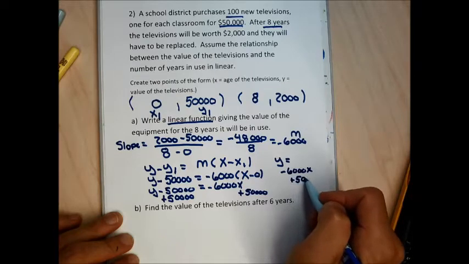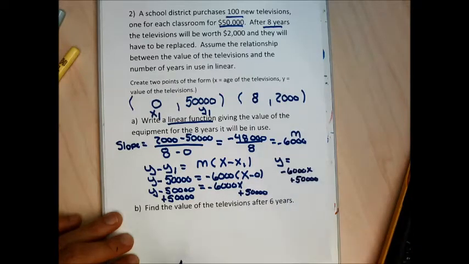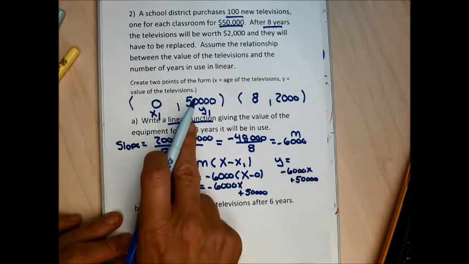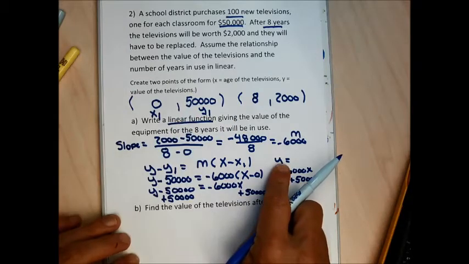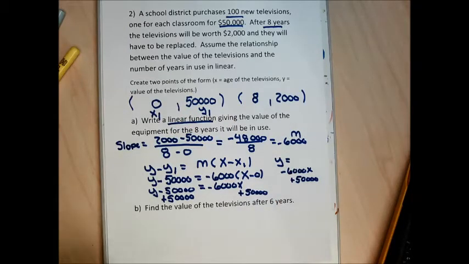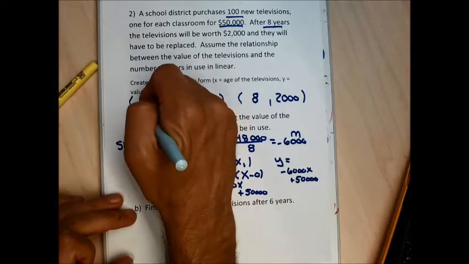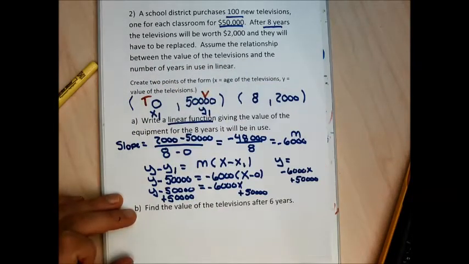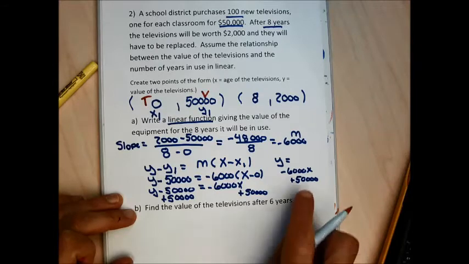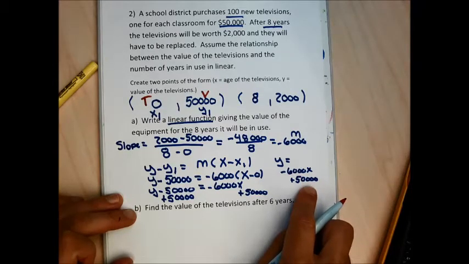50,000. When I go to write an answer for part A, I'm supposed to write a linear function. So I'm going to replace the y with function notation. And then maybe I'll put t for the time and v for the value. But if you did f of x equals negative 6,000x plus 50,000, it's completely fine.